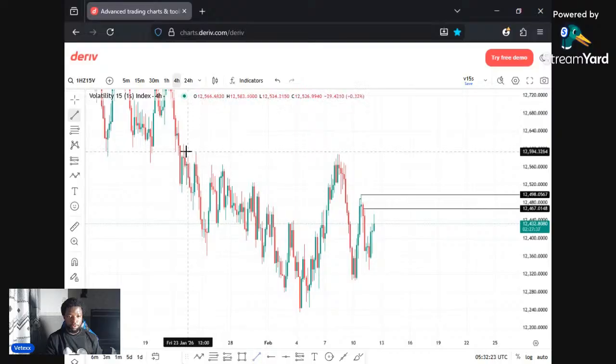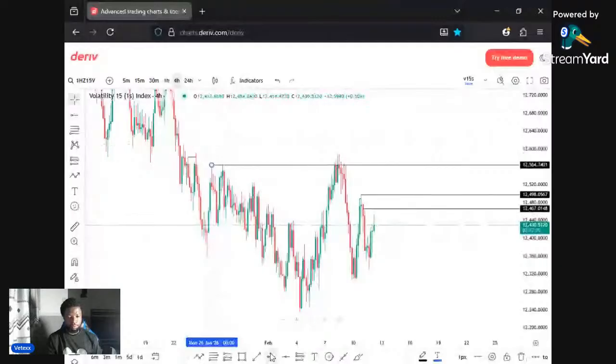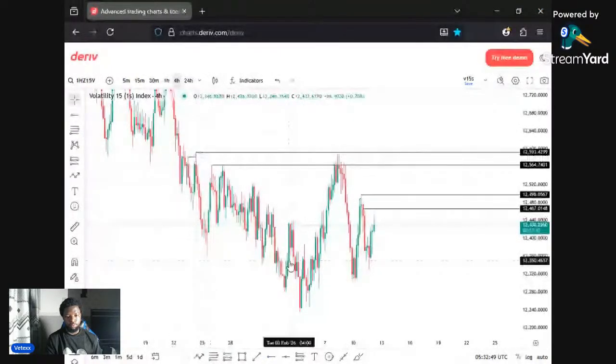We have break of structure one, we have this, and then we've got this. So price tapped into this zone and started selling to the downside.